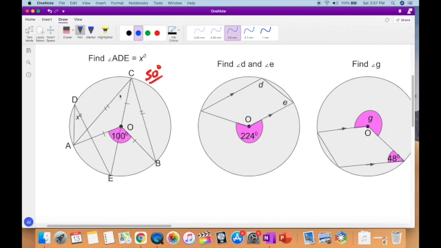So this angle is going to be 25. If this angle is 25 and this angle is subtended by AE, then X is 25 degrees. You understand that?